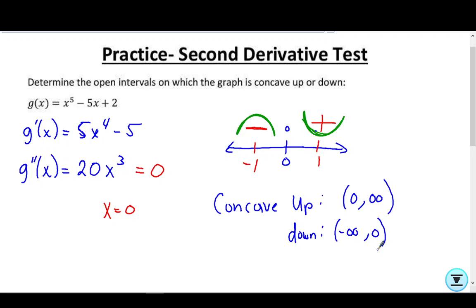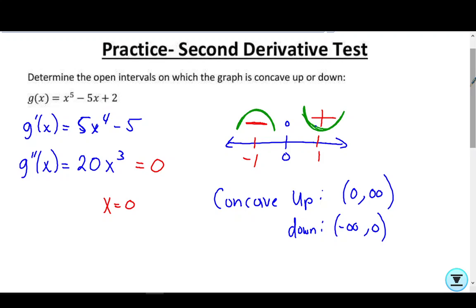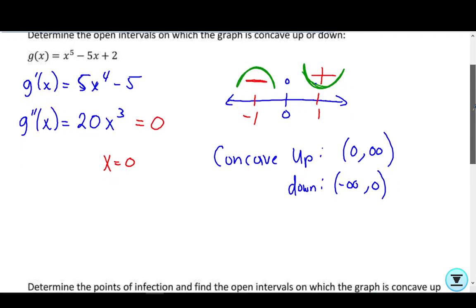It's that easy. Okay? So just like a first derivative test tells us where it's increasing or decreasing, or maximums and minimums, the second derivative tells me where my function is concave up, concave down, or in this case, 0 is a point of inflection because it changes from concave down to concave up.